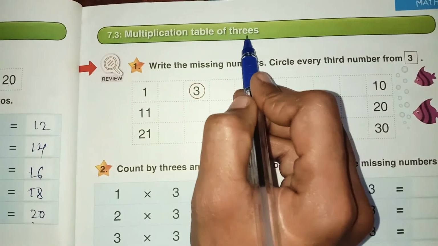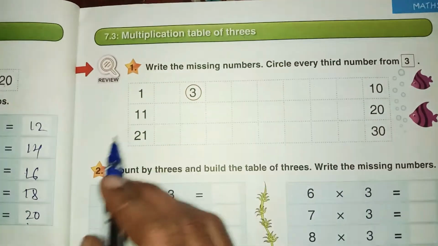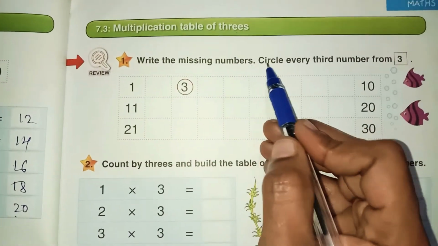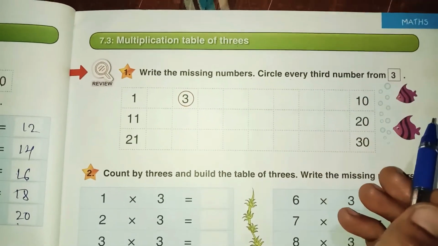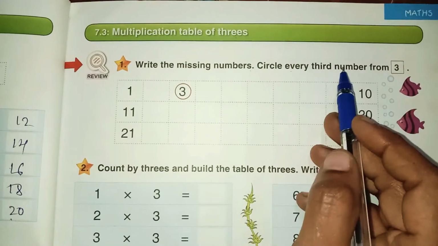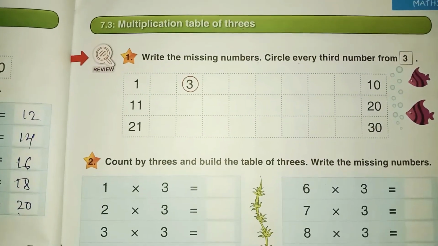multiplication table of threes. Write the missing numbers. Circle every third number from 3.